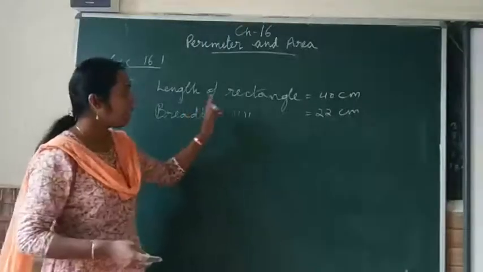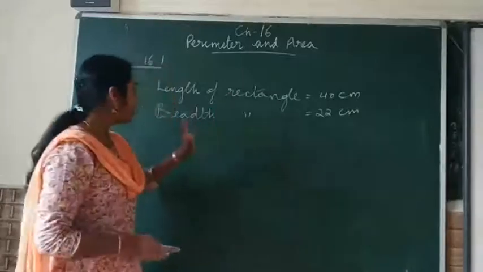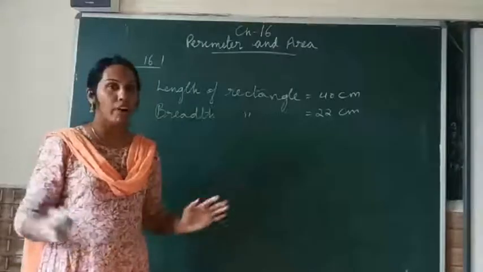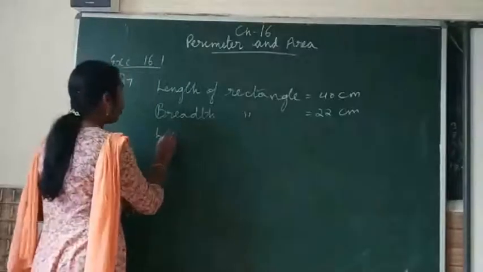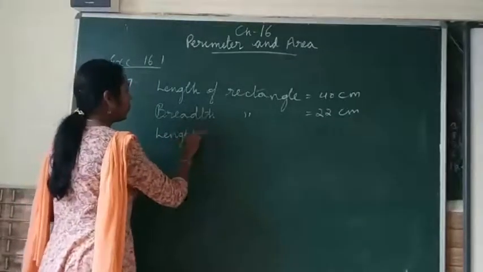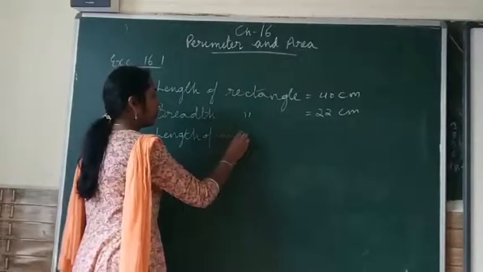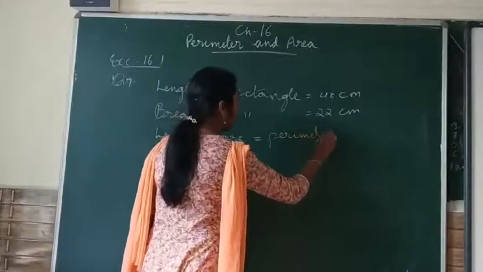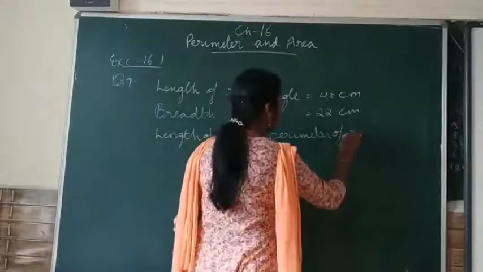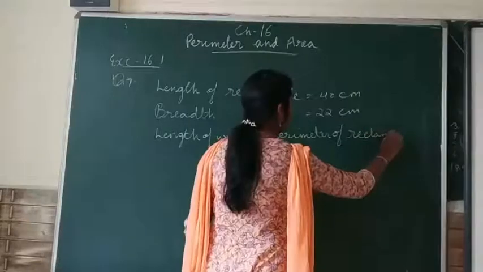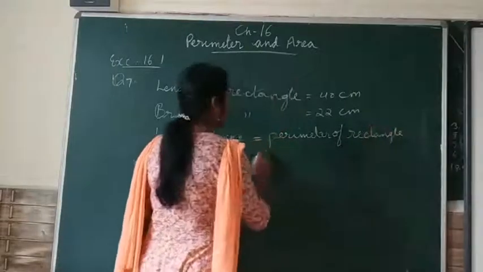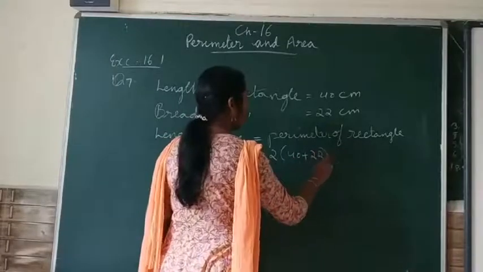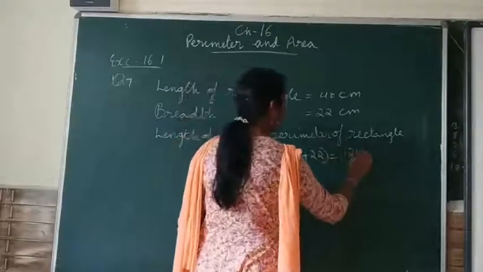First of all, we have length of rectangle and breadth of rectangle. From this, we can find out the perimeter of the rectangle, that is the length of the wire. So we can say length of wire is equal to perimeter of rectangle, that is 2 into (40 plus 22), that is equal to 124 centimeter.